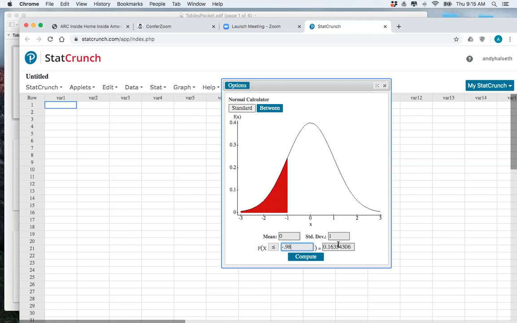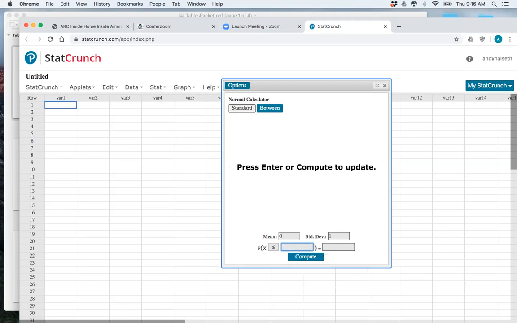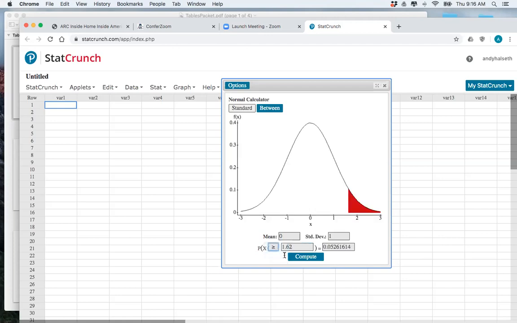And then I'm just going to take that number and times it by 2 for a 2-tailed test, okay? And then that last one, the one that's kind of tricky, the 1.62. Since it's on the right, I'm going to go greater than, so I get that right tail, and then times that number by 2. All right. So those are my 4 examples using StatCrunch.